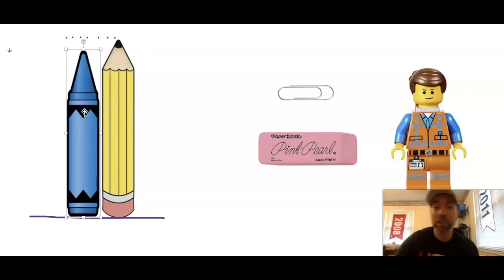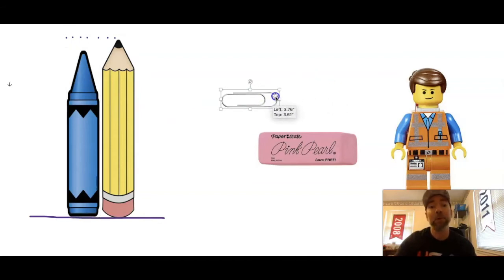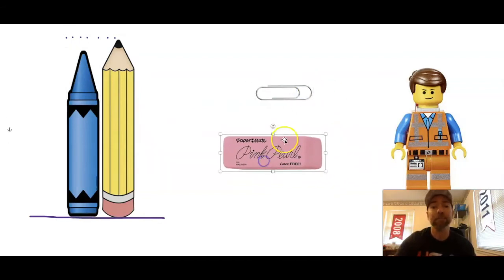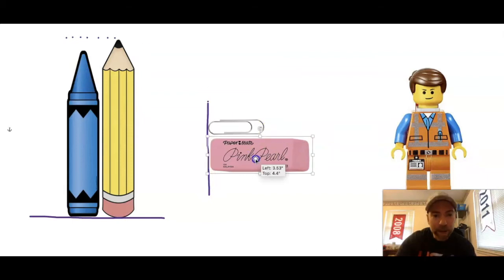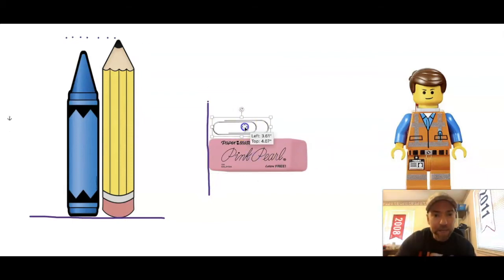Now, I can also take a look at my paperclip and my eraser. This time my objects go sideways. But remember, I always want to start at the same spot. So now I line them up this way. It's almost like the starting line. And I make sure my eraser is at the starting line and my paperclip is at the starting line.